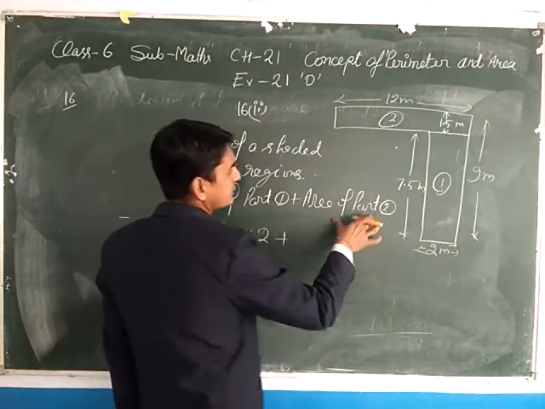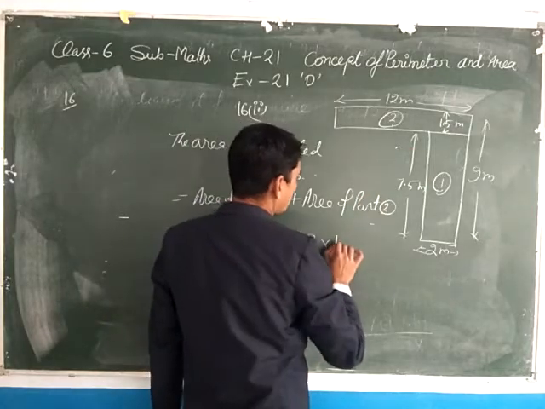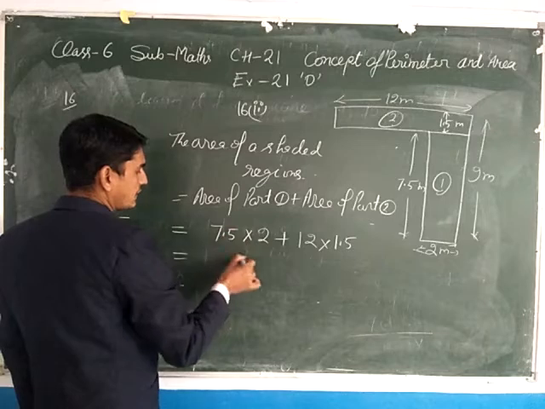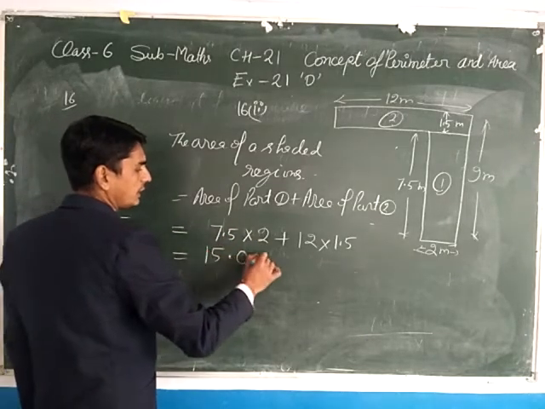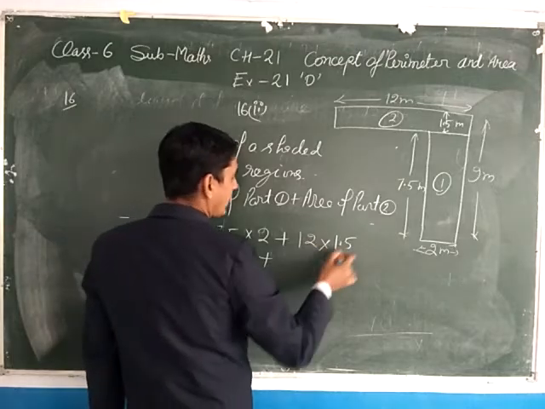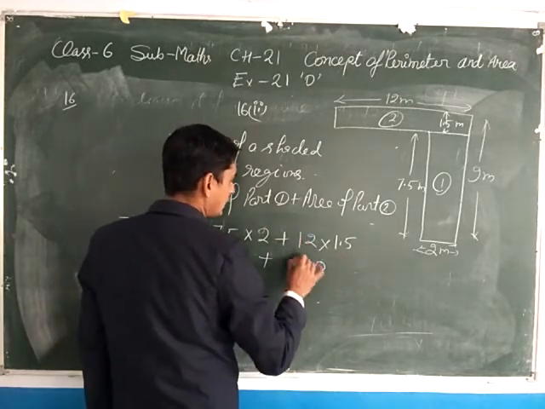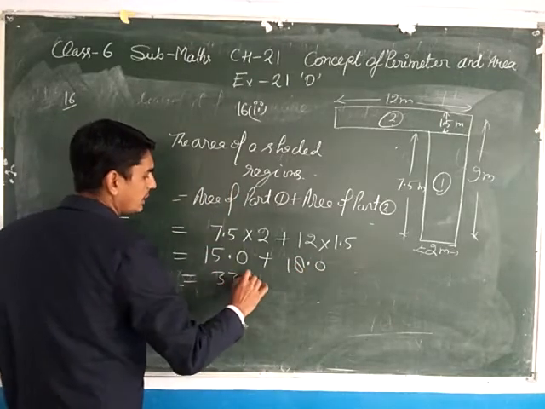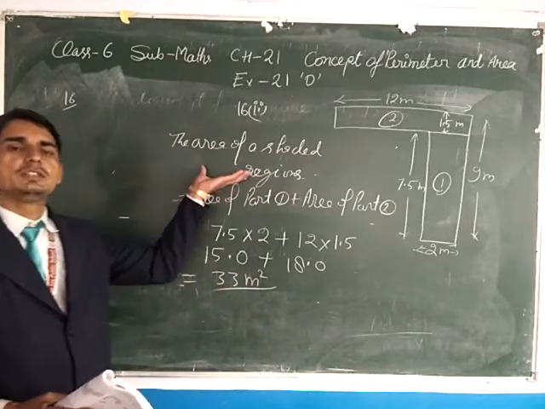As for the second part, length is 12 and breadth is 1.5. So multiply: 2 5s are 10, carry 1, 2 7s are 14 and 1 is 15. Here, 12 5s are 60, carry 6, 12 and 12 and 6 is 18. So 18 and 15 is 33 meter square. 33 meter square is the required answer of this part.